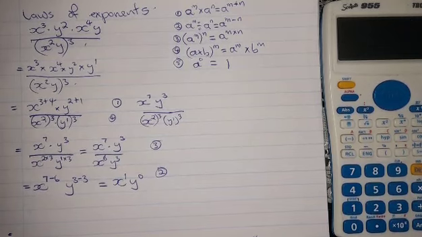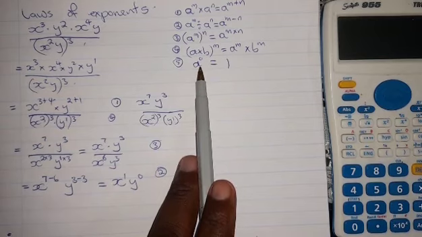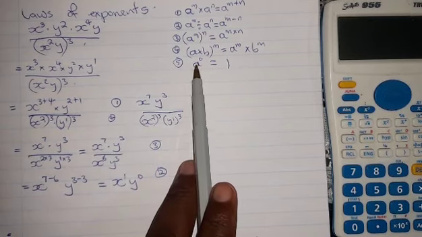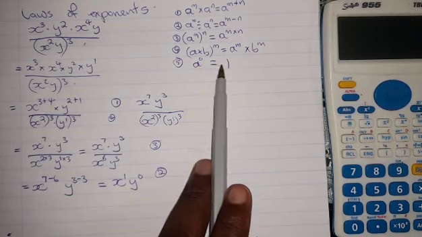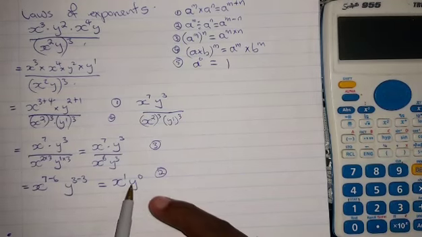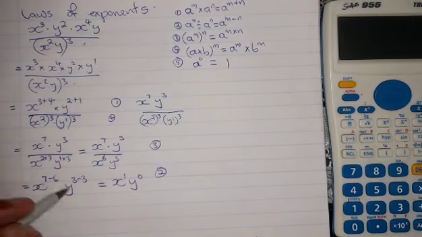We can still apply one of the laws there. Which law should we use here? We have y raised to 0 here. The fifth law is telling us that whenever a base is raised to 0, it gives a 1. So that tells us that y raised to 0 is a 1.